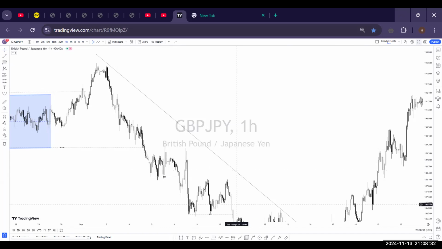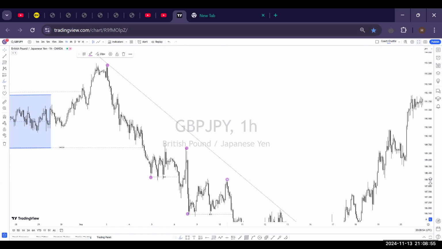So what we have here, let me use my highlighter. We have the high, we have the low, because this is the high that led to the break of structure. We have the lower high, lower low, lower high.